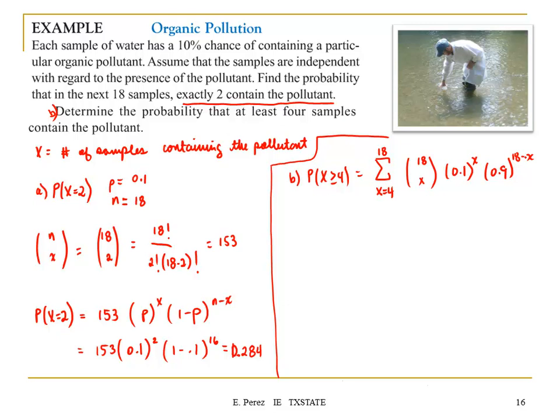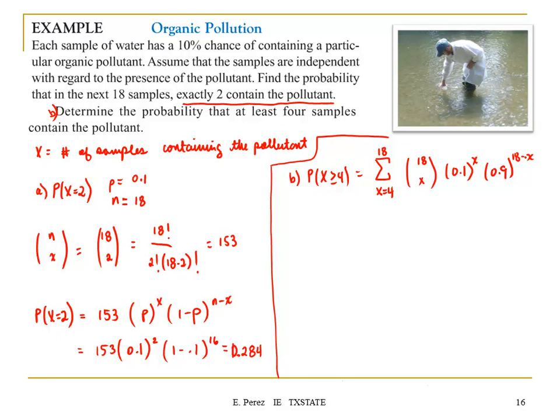So you need to sum from here: the probability of X being equal to 4, plus the probability of X being equal to 5, up to the probability of X being equal to 80. And as you can see, you have to solve how many? 14 probabilities to get the answer.